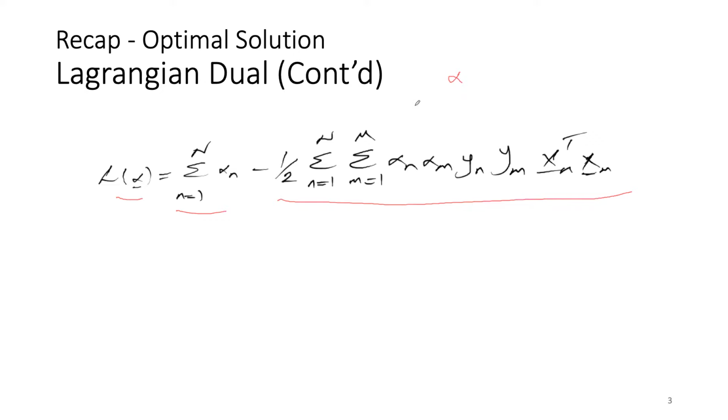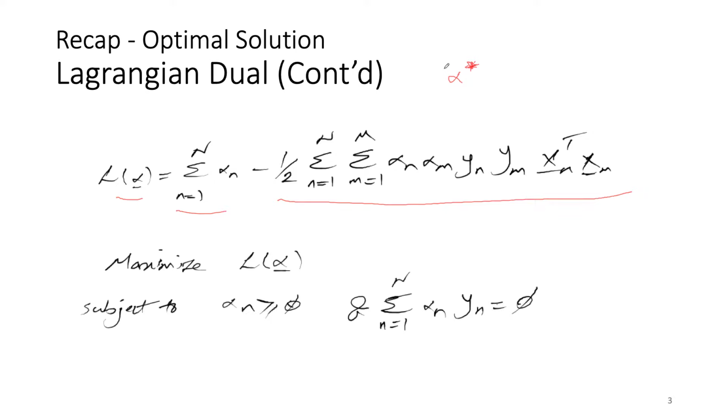So the alpha stars would be the solution of the dual problem, which, because of the duality property, is going to be a solution to the primal problem as well, right? So the final form was, we need to maximize this given the constraint that alpha n's are greater than or equal to 0. And at the same time, the summation of alpha n y n is 0, right?